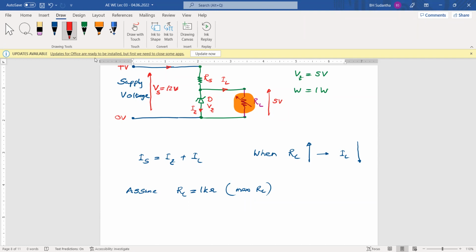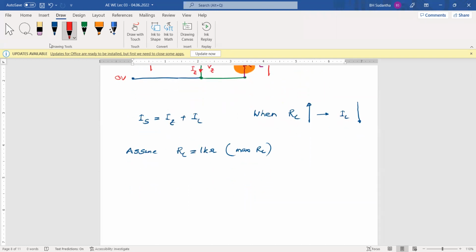Then we can find VR, which is VS minus VZ. VS is plus 12 volts, VZ is 5 volts. Then across the resistor, we have 7 volts. There, a 7 volt drop is there.